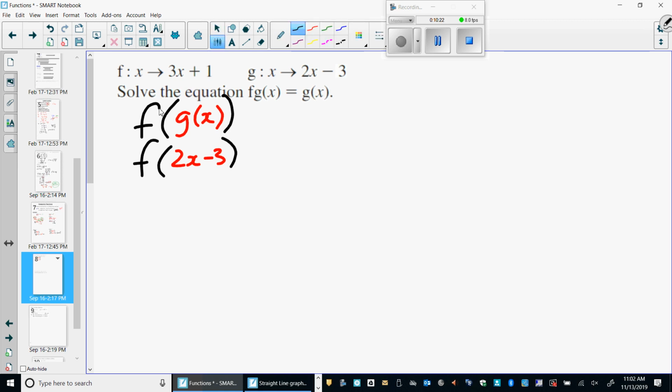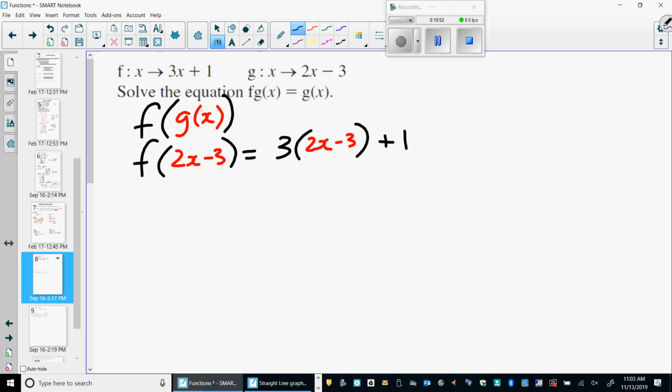So g(x) is going into f(x), which means that I'm substituting in 2x minus 3. Wherever I see an x in this original function, I'm going to write 2x minus 3 instead. So I'm going to have now 3 lots of 2x minus 3 plus 1.